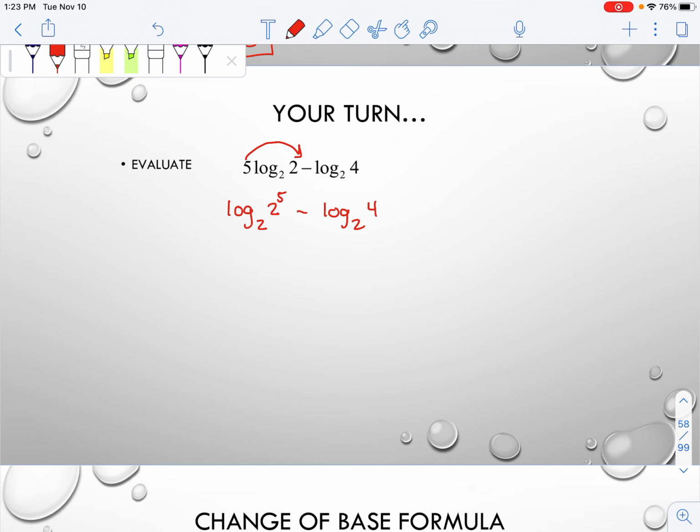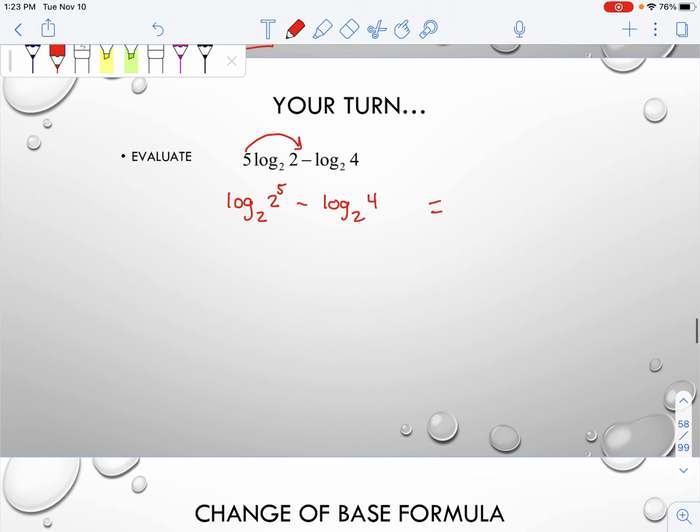Using our properties of logs, we're dividing, so we can condense this into one log. We have log of 2 to the 5th divided by 4. 2 to the 5th is 32, so that's 32 over 4. So we have the log of 8.